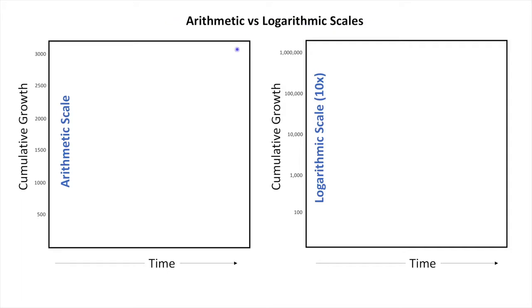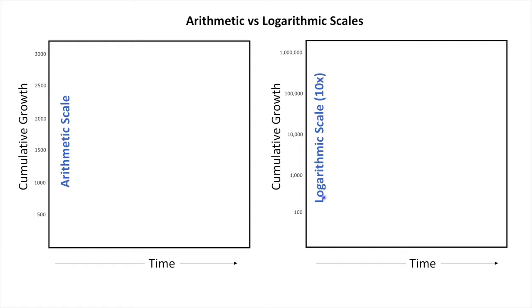So previously on all these plots that I just showed you, we had essentially an arithmetic scale. There were no numbers, but imagine that the numbers are increasing in the linear fashion. And what that means is that the spacing of the numbers is even. Every single space here is representing the same amount of increase.